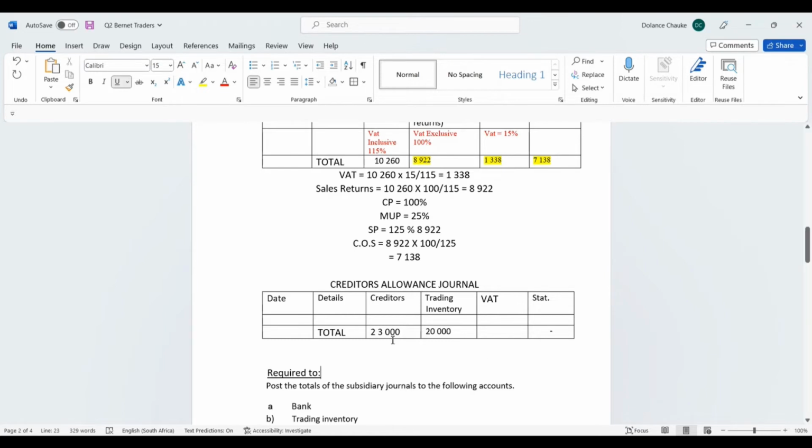So here we do not have our stationary. Remember I said to you, in order for you to get the total, you have to say VAT plus trading inventory, you will get the total, right? Now they give you the total, which is creditors, and they give you the trading inventory. How can you get the VAT then?